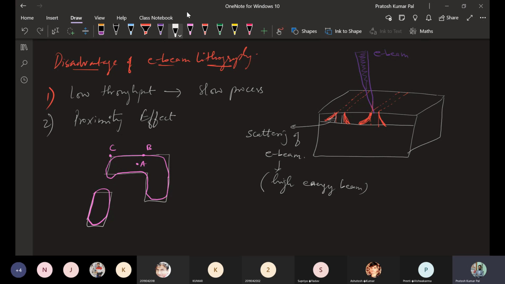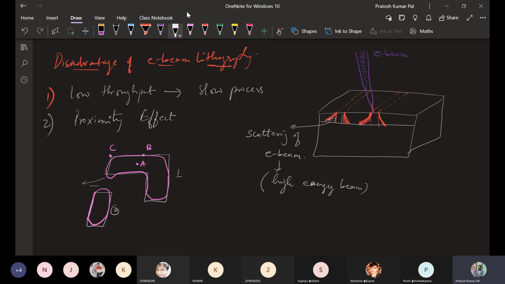Also, suppose there are two different regions that need exposition: this is region 1 and this is region 2. When performing the exposition from this region to this region, an extra exposure takes place.